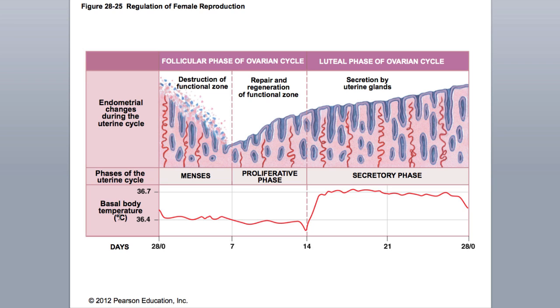Now, what is this basal body temperature down here? Well, one of the ways you can sort of predict ovulation is by the rise in the basal body temperature. Now, is it accurate? To some degree. Now, if you have a fever that offsets it all, then that's not going to help. But typically, here's what they do.